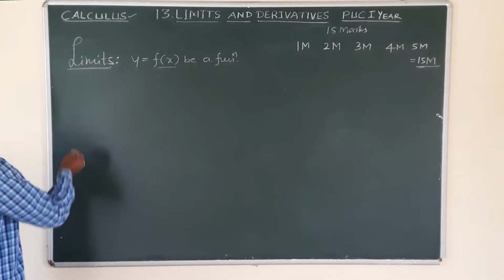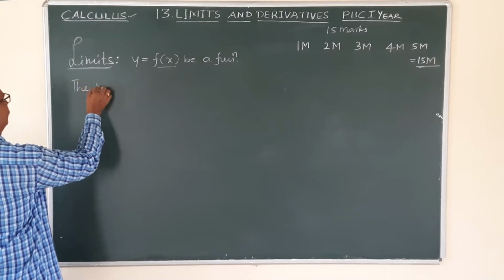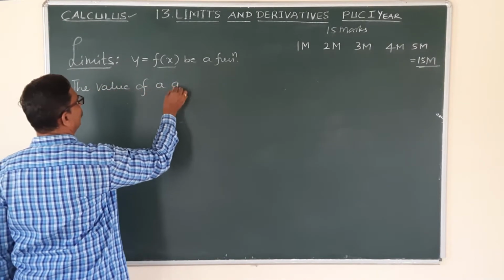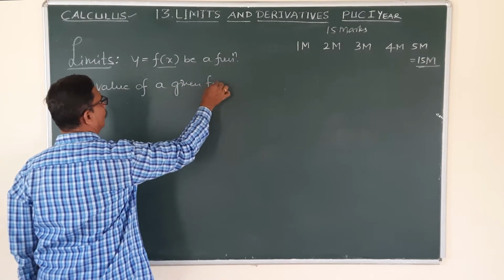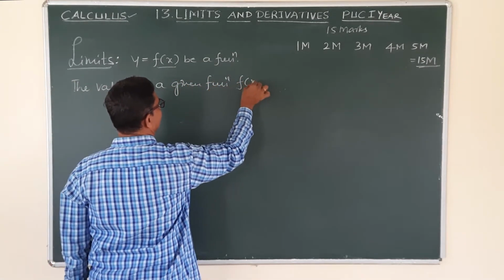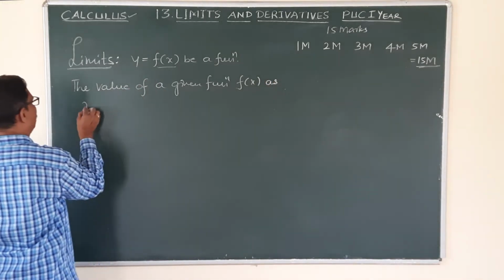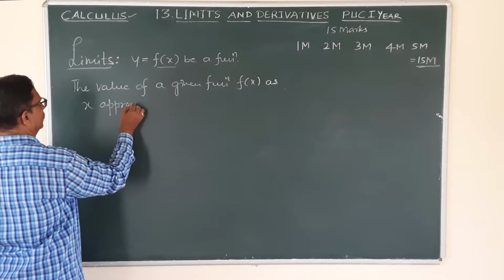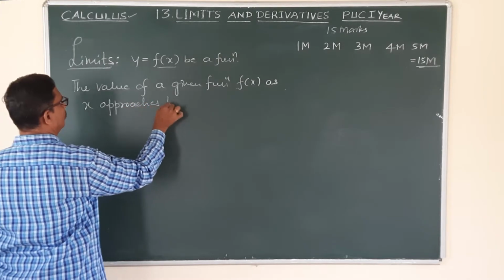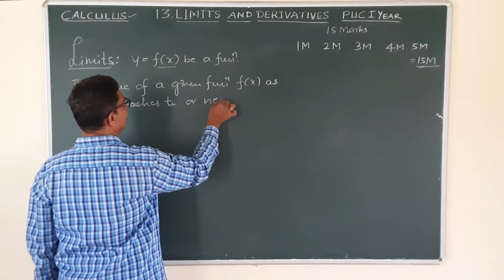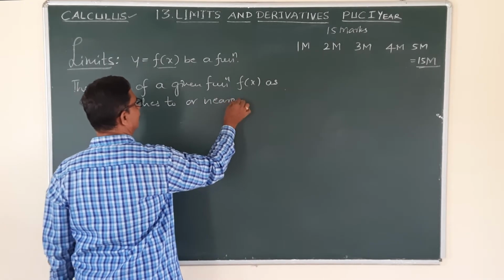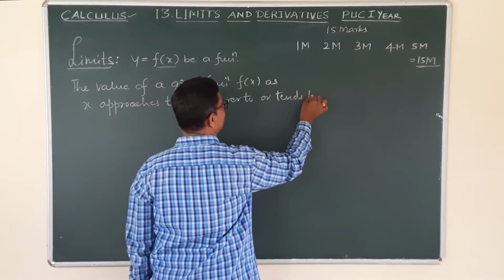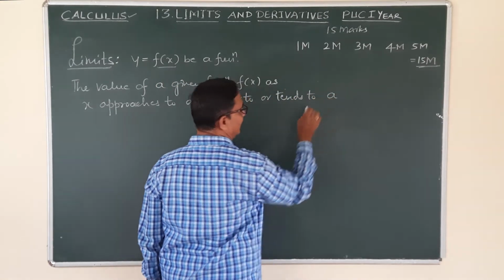Define limit. Simple definition: the value of a given function f of x as x approaches to, or nearer to, or tends to, all terms are same, say a, where a is a finite value.